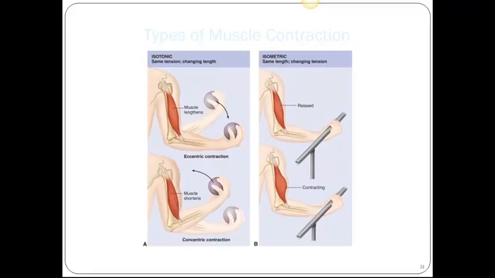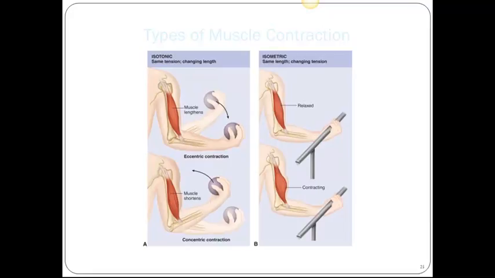So here's a better picture to get an idea of the different contractions. Isotonic, which is on the left-hand side here, is where the muscle changes length. So this is when maybe our forearm changes the degree of angle and pushes or pulls something away from us.